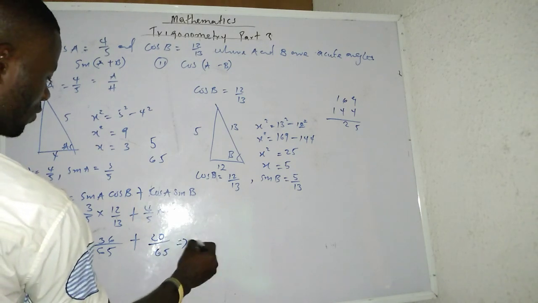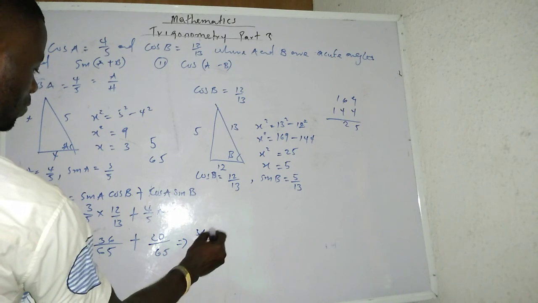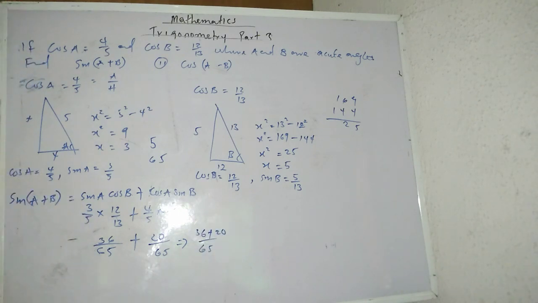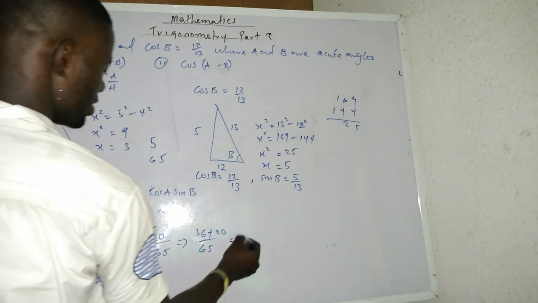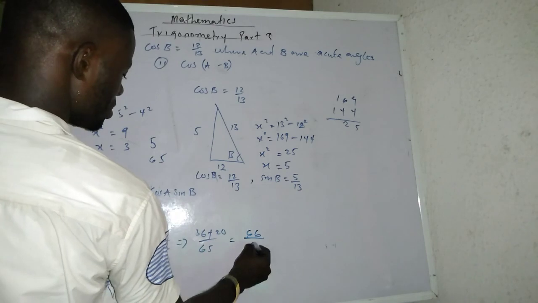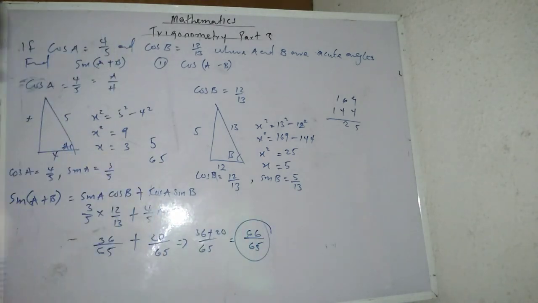I can say 65 bracket of 36 plus 20, which is going to be 56. My answer is going to be 56 all over 65. That is my final answer.